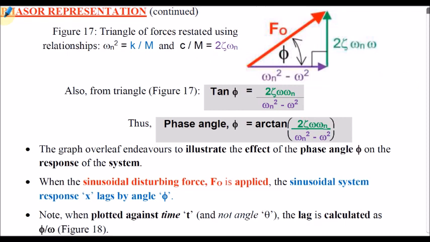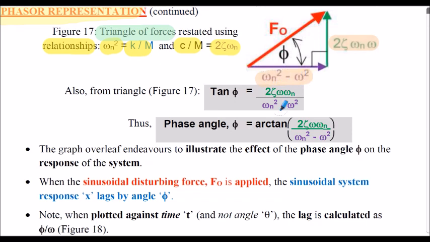Phasor representation continued here. Using the previous relationships, omega n squared is equal to k divided by m, and c divided by m is equal to 2 zeta omega n, I can rewrite the triangle of forces as shown in figure 17, but now in terms of zetas and omegas. So the vertical side of our triangle is 2 zeta omega n multiplied by omega, and the adjacent side is omega n squared minus omega squared.